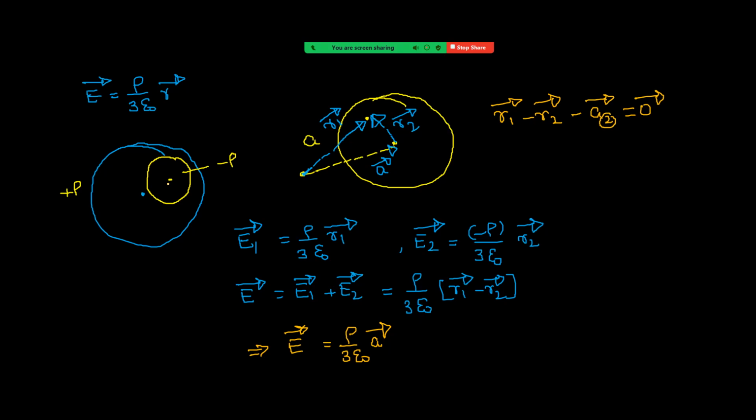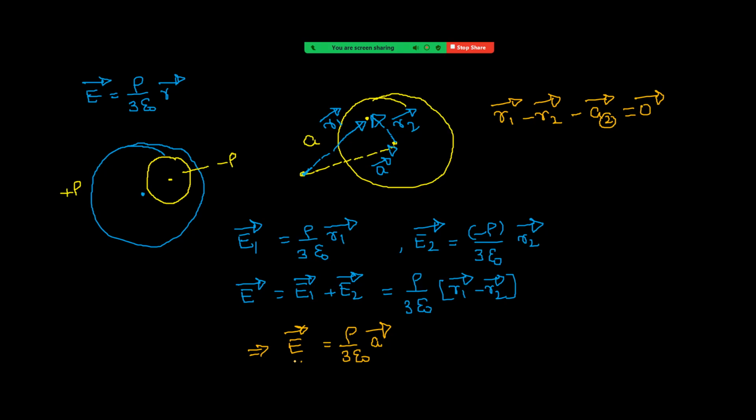So at any point inside the cavity, the direction of the field is from the center of the bigger sphere to the center of the cavity. That means E bar is a constant, so the field is uniform.